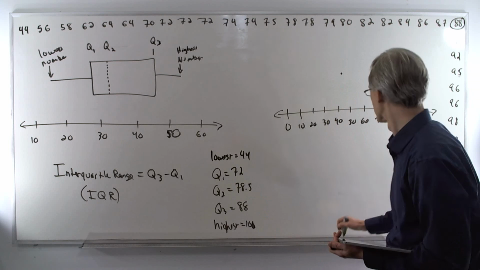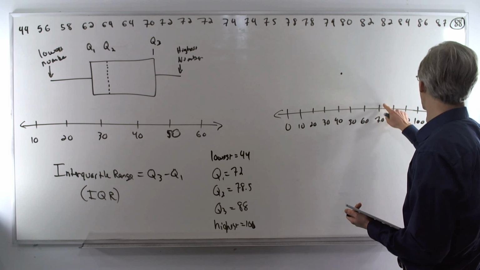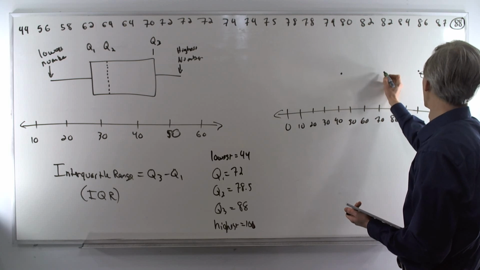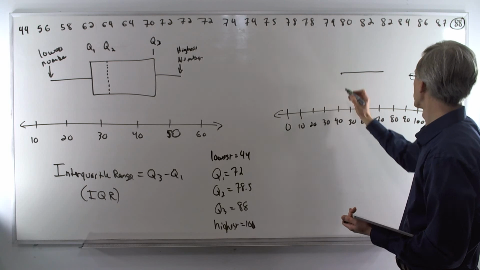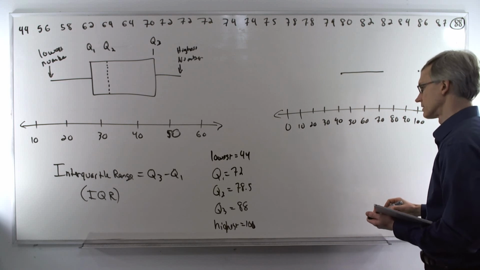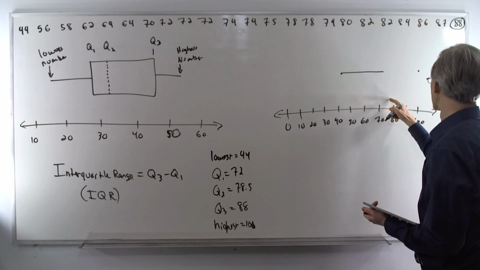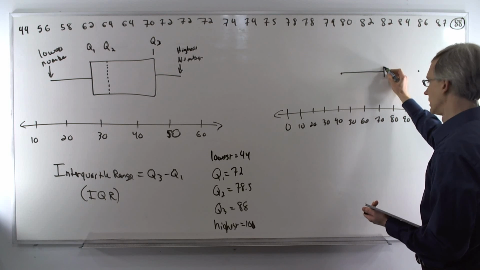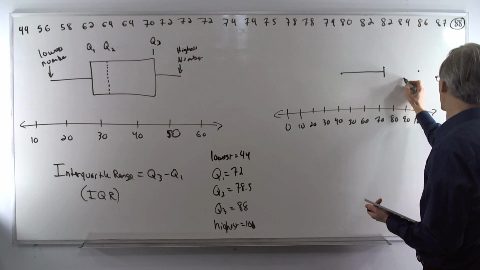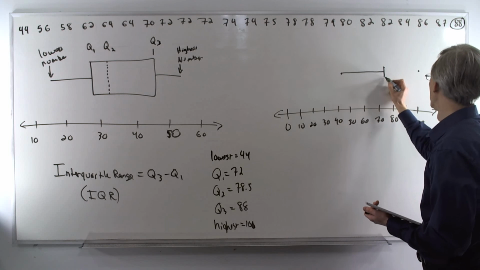Q1, 72. So somewhere around in here, and the line will extend out to the lowest value. 72 to 78.5, so right around in here, we're going to create the box. And that goes up to 88. The box will extend up to Q3 at 88.